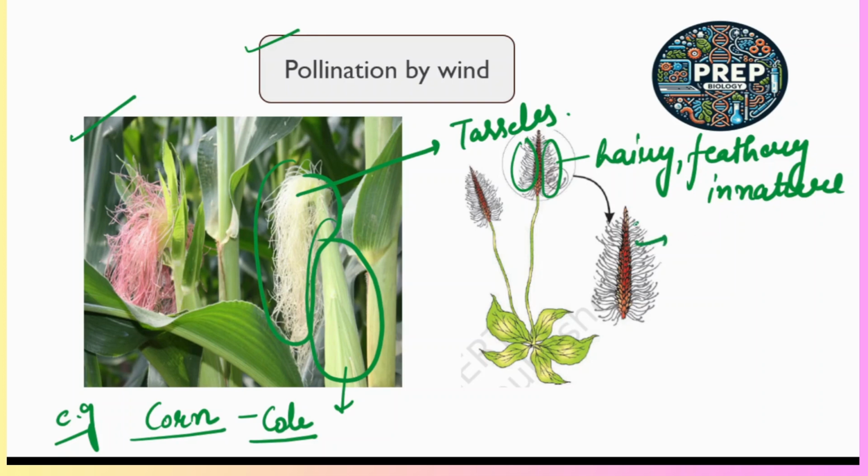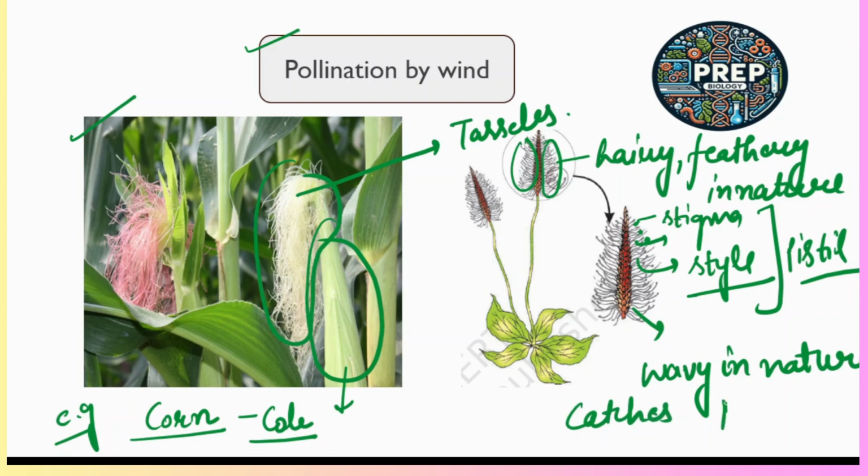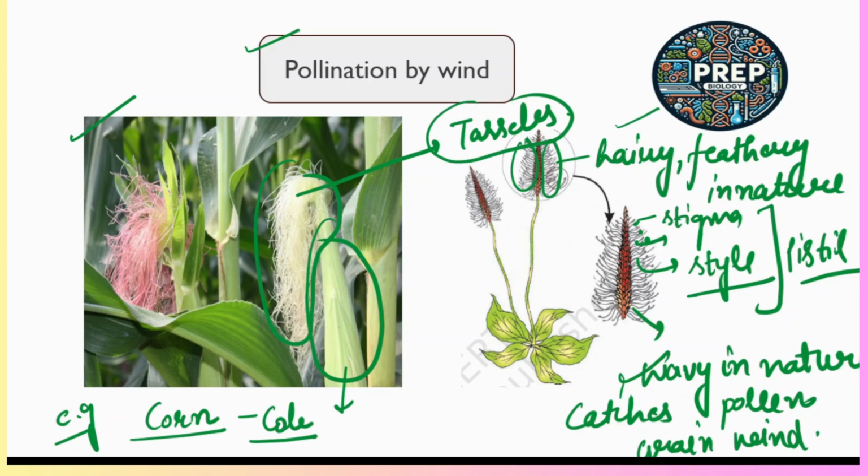The upper part contains stigma and the lower part contains style. This is the nature of the pistil, which is wavy in nature, so that it catches the pollen grains from wind easily. So the tassels of the corn cobs are feathery, hairy or wavy in nature, so that they can easily catch the pollen grains which are present in the air current.